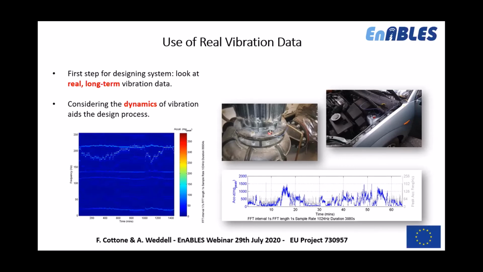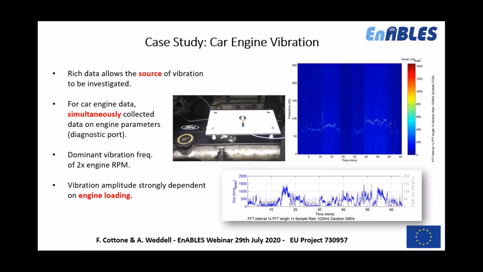I drive quite a long distance, or I used to before lockdown, on the way to work and back, and I've attached an accelerometer to various parts of my car during that commute. So you can get an idea of the dynamics of those vibrations in realistic conditions.